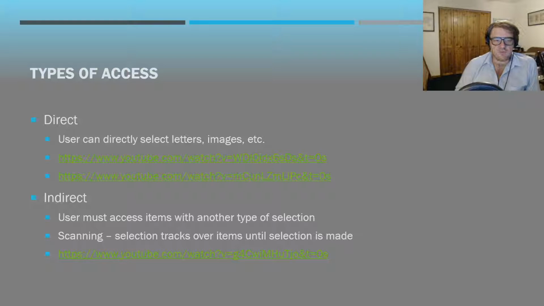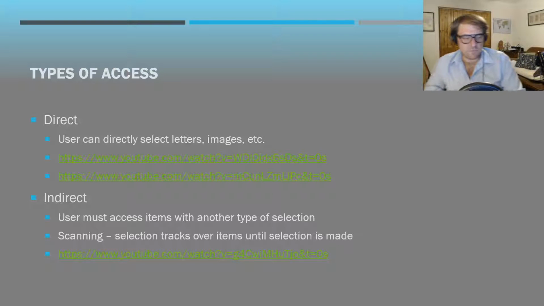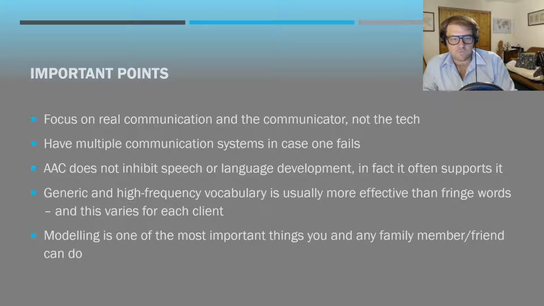But they allow for communication when you can't otherwise communicate. So they're absolutely necessary and helpful. Okay. That's direct and indirect access. Please take a look at those videos for sure.